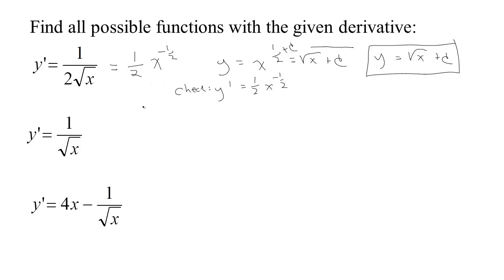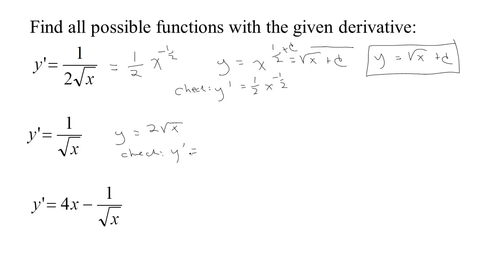And this is pretty close. I could guess that y is root x again. But when I take the derivative, there's going to be an extra 1/2. So I don't want that 1/2 to be here, so I'm going to put a 2 in front. That's okay. I'm only off by a constant, and constants come through derivatives, so I should be okay, but let's just check.